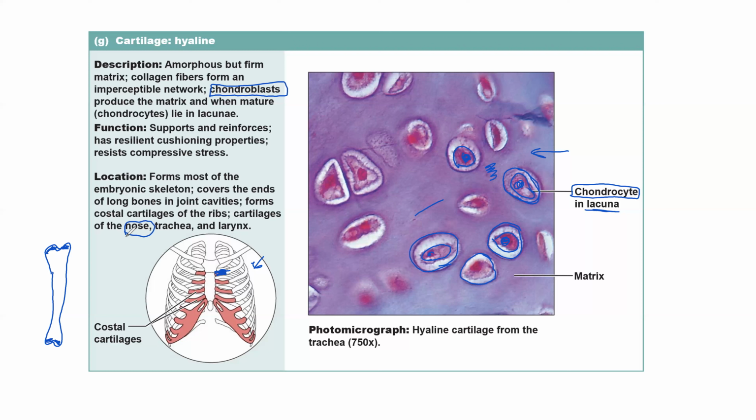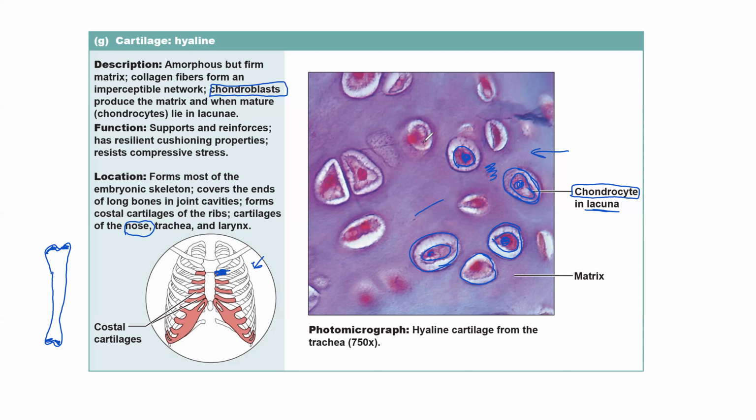Your nose is made of nasal bones, but the more anterior part of your nose is made of hyaline cartilage, and then you have connective tissue. Also, if you look inside your nose, you have a septum. Part of the septum is hyaline cartilage as well. Right, so that's our connective tissue.